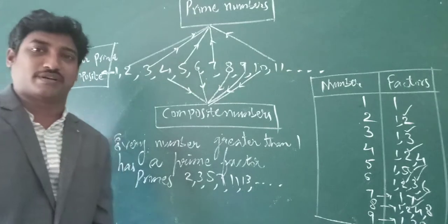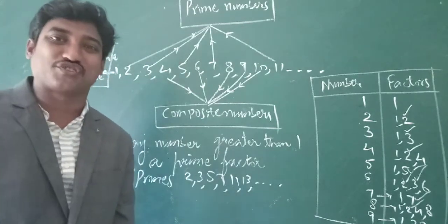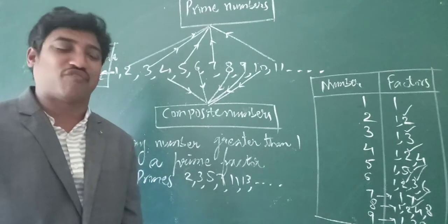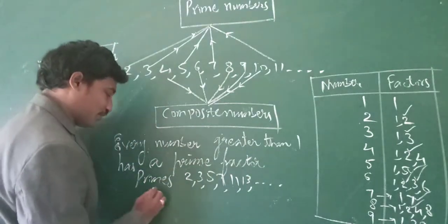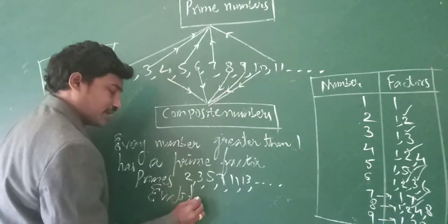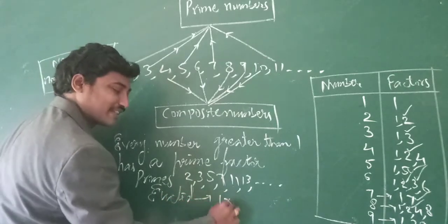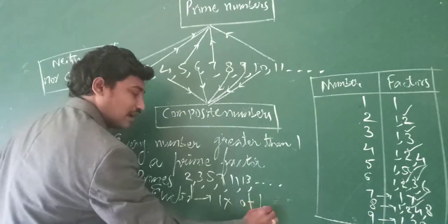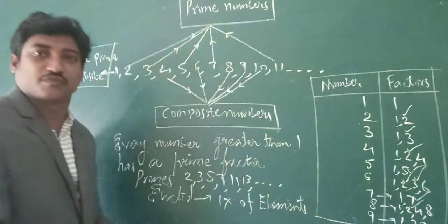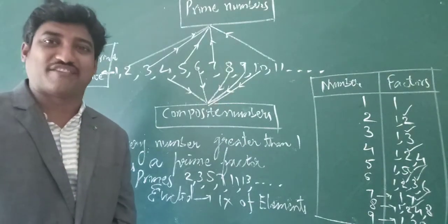Euclid proved that the number of primes is infinite in Book 9 of Elements. So the number of primes is infinite.